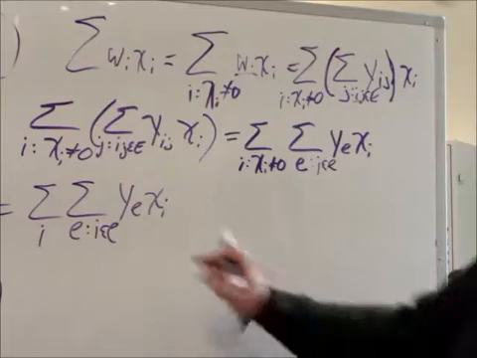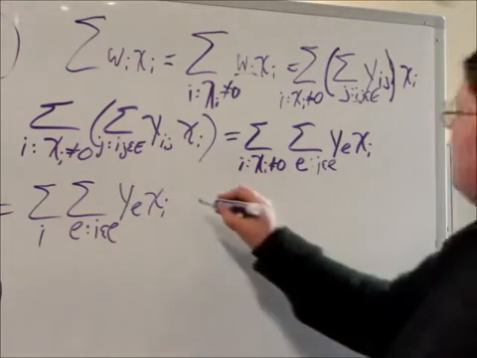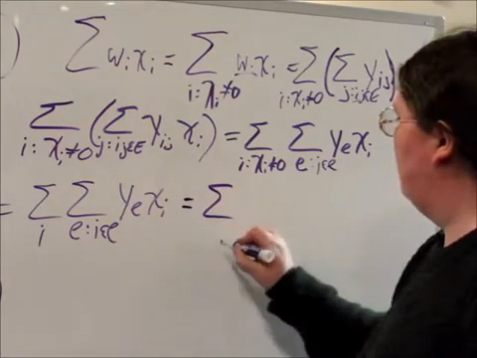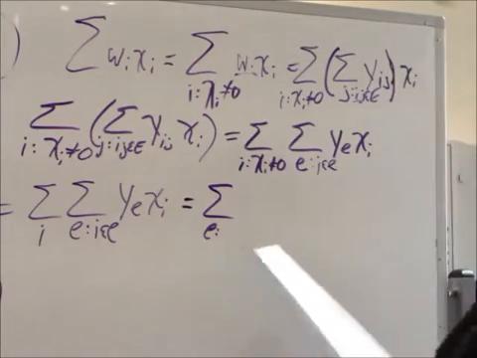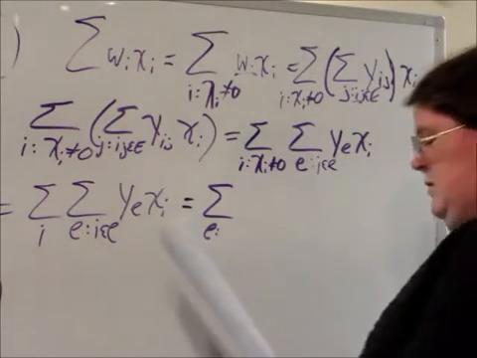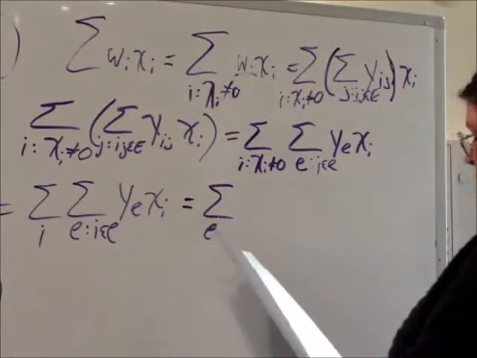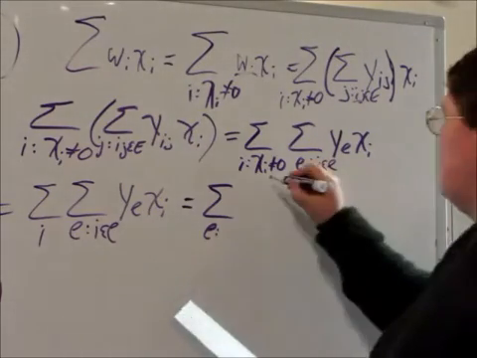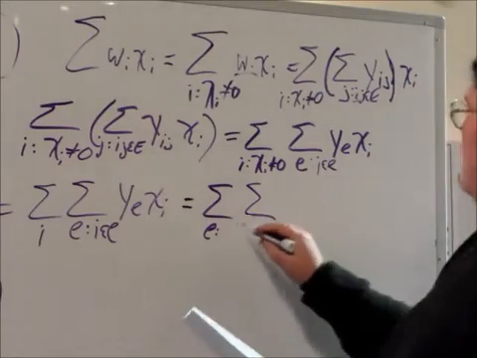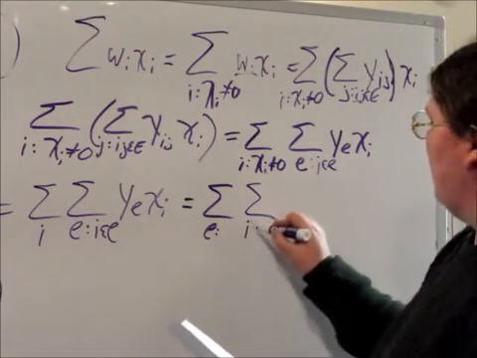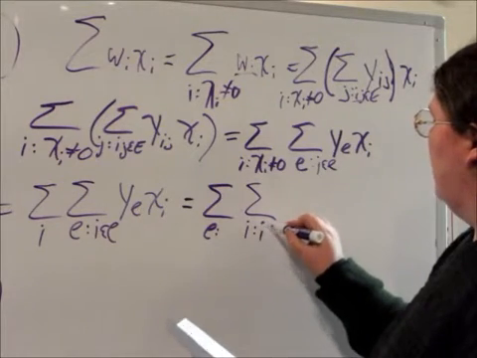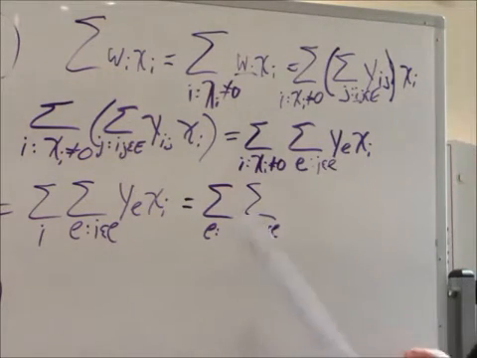All right, now I'm going to rearrange the order of this summation. So we're summing over our edges, and this is also going to be the sum over i such that i is an element of that edge.